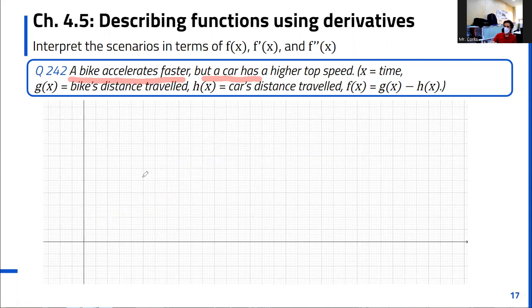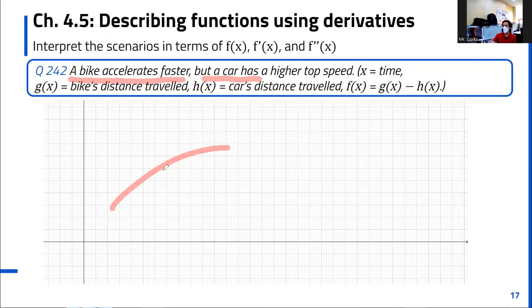And concave down means it's decelerating, so negative acceleration. It doesn't mean it's going backward, but it's not accelerating. It's not going faster each time. The rate of change of speed is negative. So decelerating or negative acceleration.